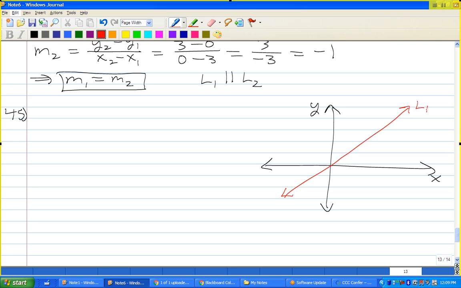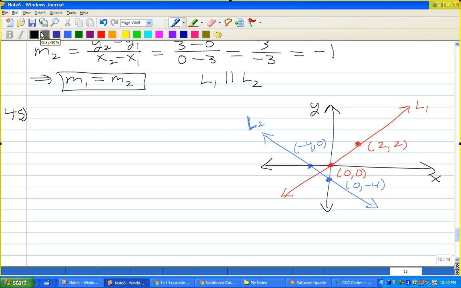Maybe call that L1. And the points are 0, 0, and 2, 2. Look at the other line. And so it is negative 4, 0, and 0, negative 4. Okay.